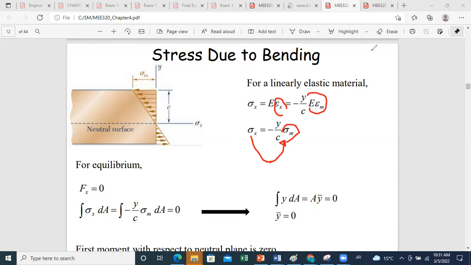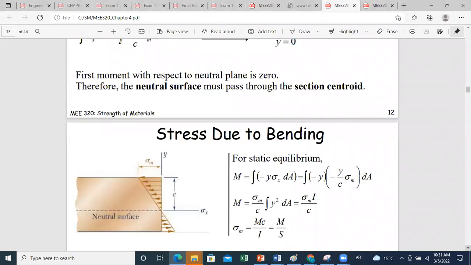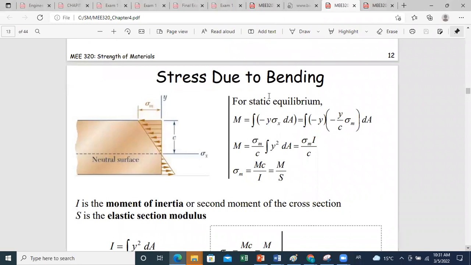Now, for the stress also, we have another expression developed, because we have seen from the definition of pure bending that the bending moment will result from the integration of minus y sigma x dA.